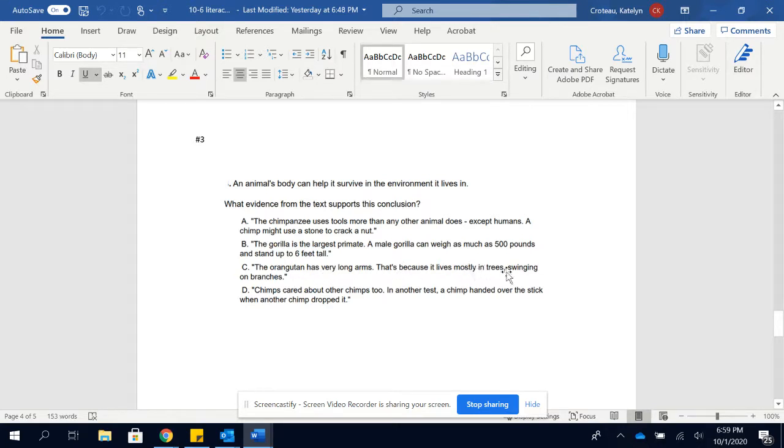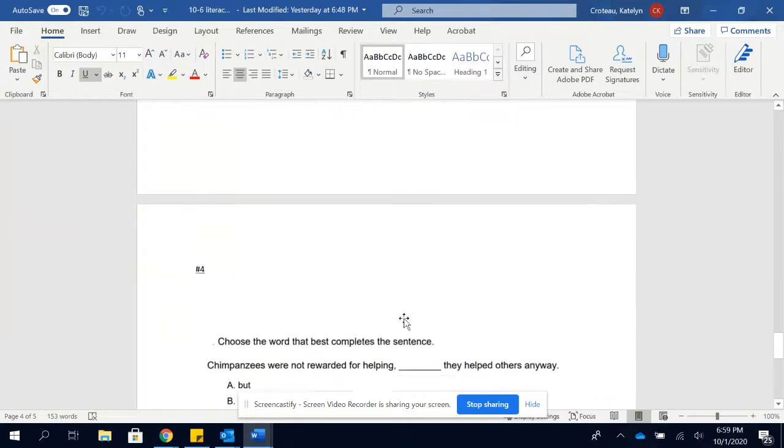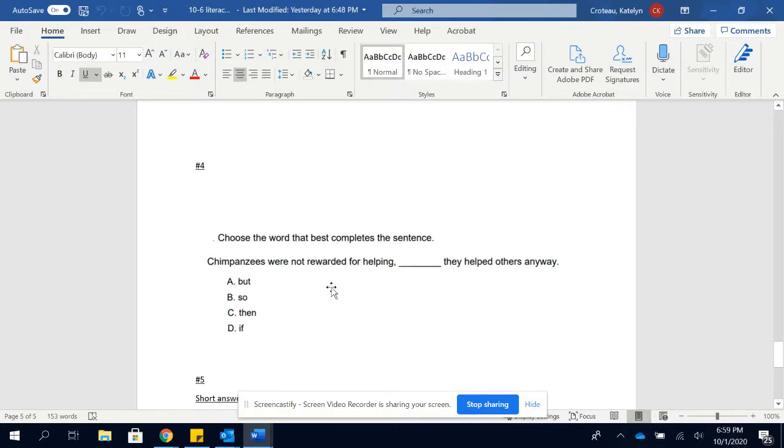That's because it lives mostly in trees, swinging on branches. D, chimps cared about other chimps too. In another test, a chimp handed over the stick when another chimp dropped it. This is a hard one, but focus on animal's body helping it survive. Animal's body, not animal's personality, not behavior, I guess. Focus on the body, okay? Couldn't possibly make that more clear, I think.